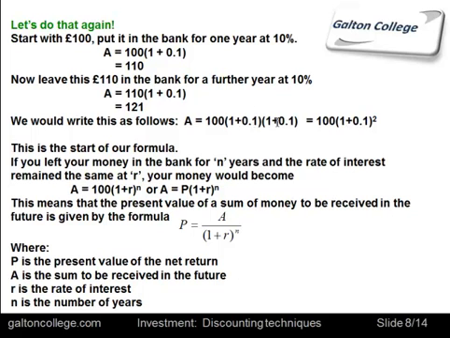That term and that term are identical, so we multiply them together and it becomes a square. This is the start of our formula. If you left your money in the bank for n years and the rate of interest remained the same at r, your money would become A equals 100 times 1 plus r to the power of n.